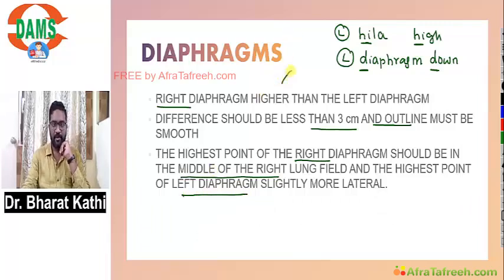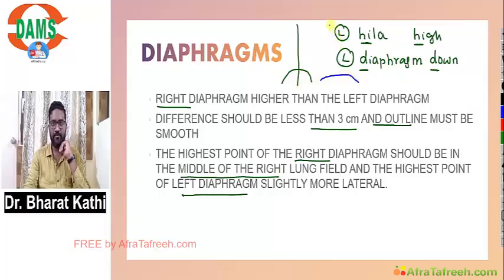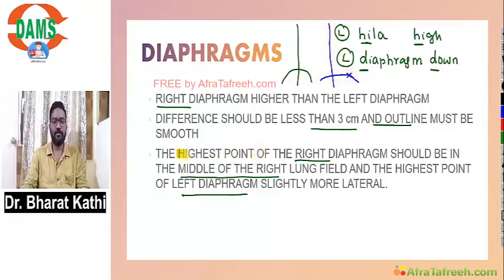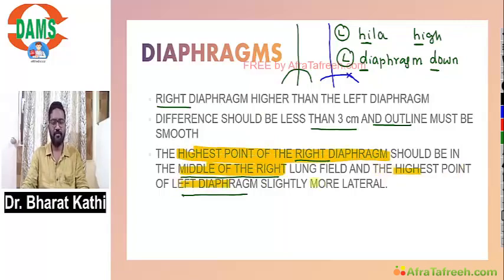So on the right, the diaphragm highest point should be at the center, whereas on the left, the highest point will be slightly lateral. So this is what you need to know.